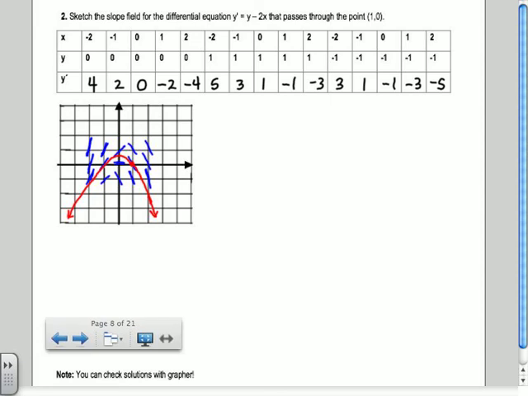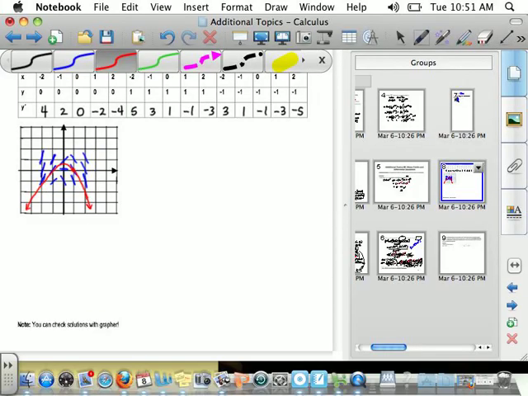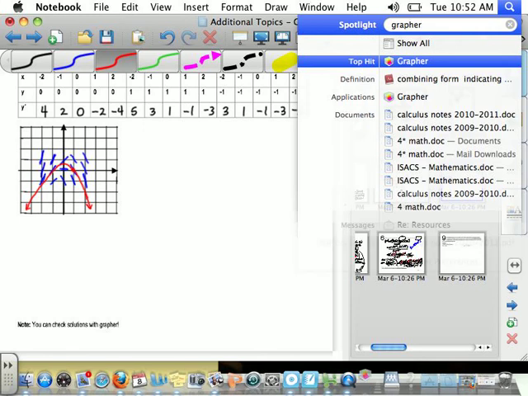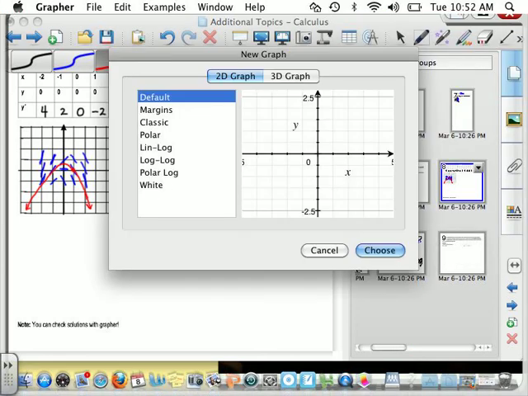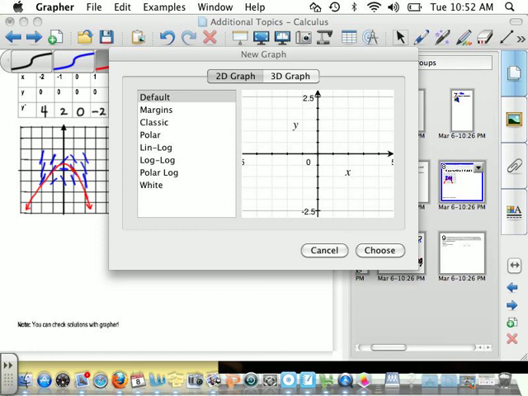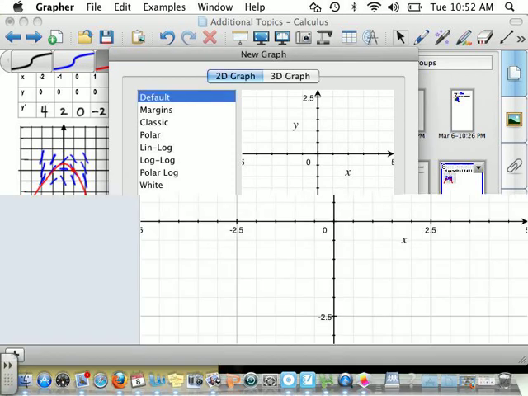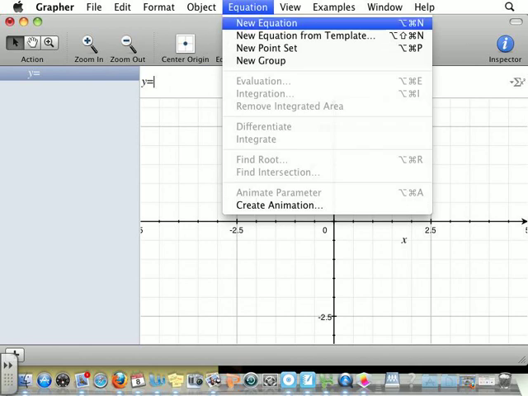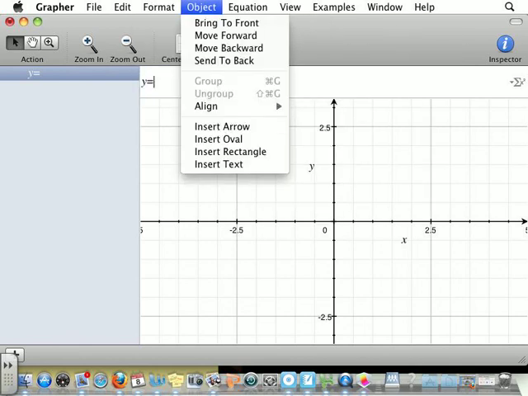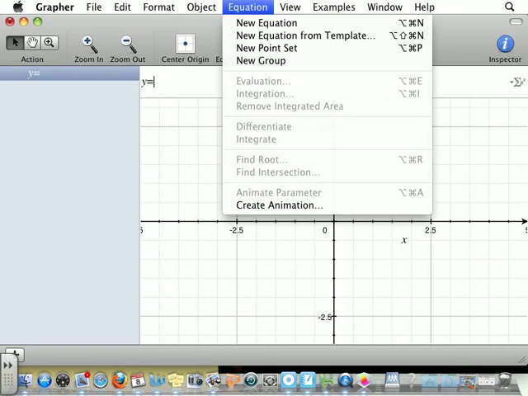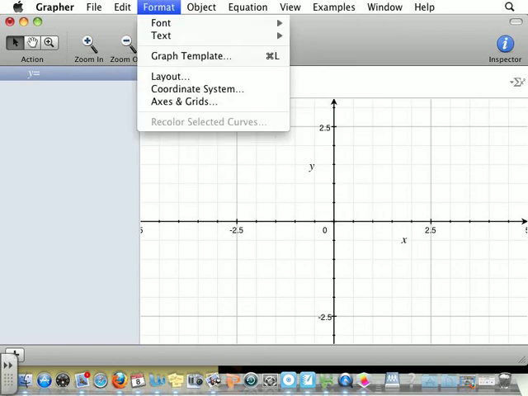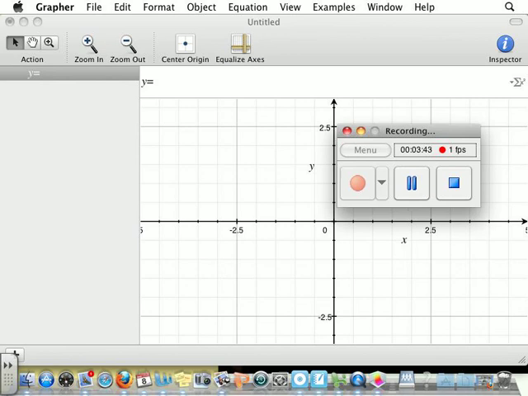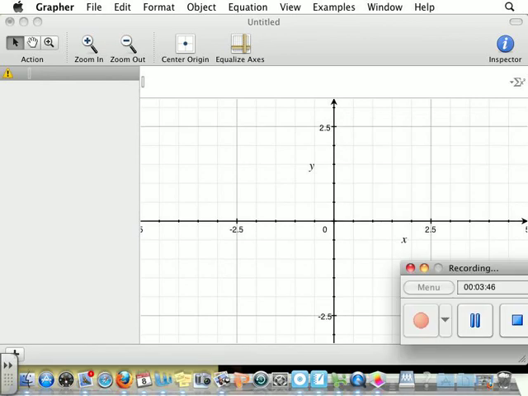Okay, so it says you can check solutions with Grapher. So let's actually look this one up on Grapher. There's some way to put the equation in.